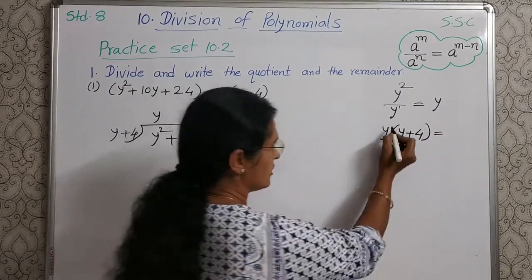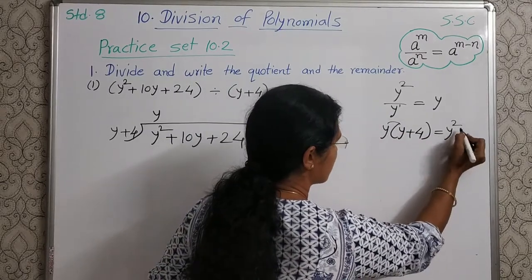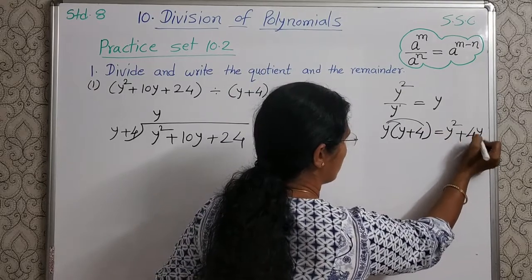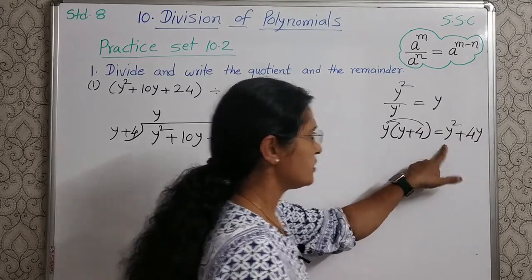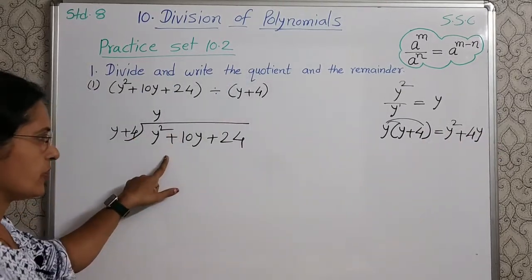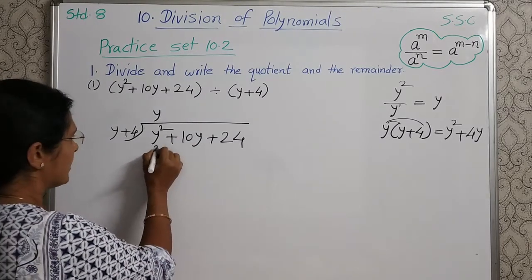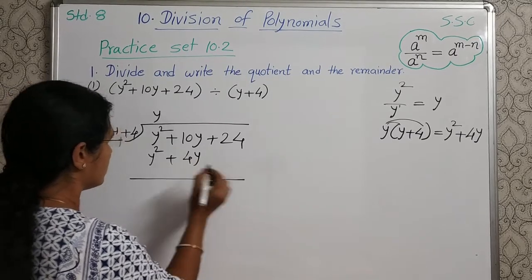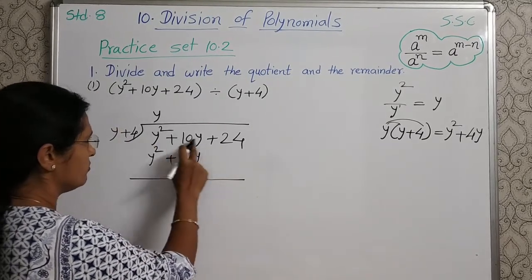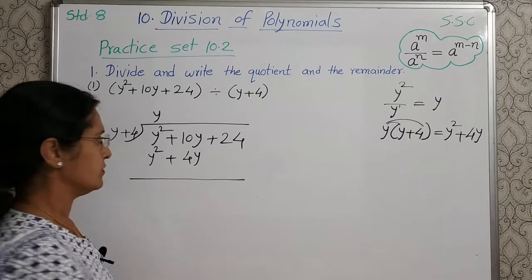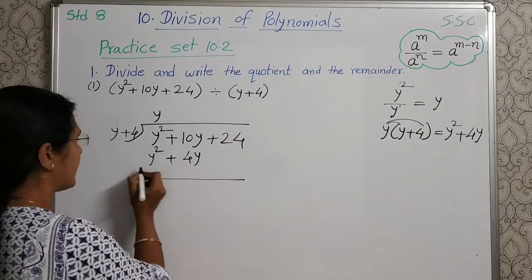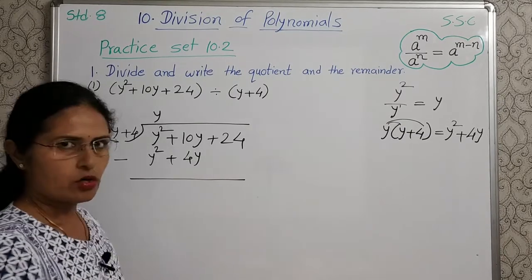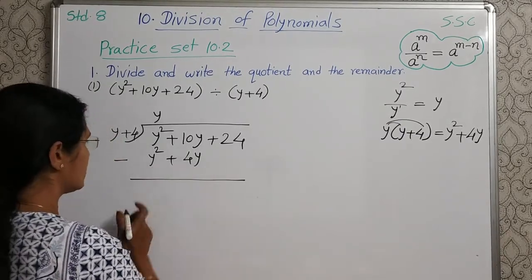Now the product is y into y is y square, plus y into 4 is 4y, and we write this product here and subtract. So y square plus 4y. Now subtract this from the dividend. Now while subtracting, we change the signs of all the terms of the second expression.